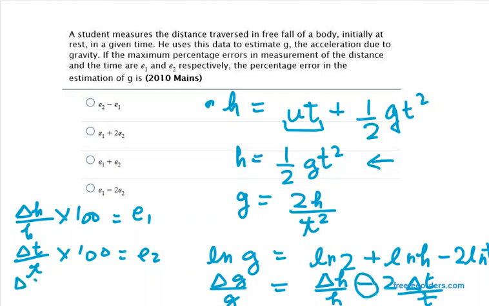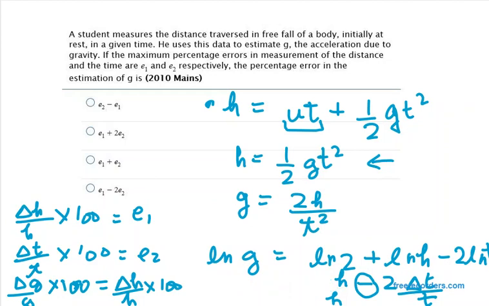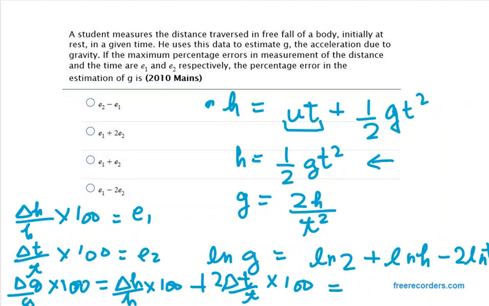So my final equation will be del g over g into 100 equal to del h over h into 100, and this negative sign will be replaced with a positive sign, plus 2 del t over t into 100. So it will be E1 plus 2E2. So my answer to this question is the second part, B part.